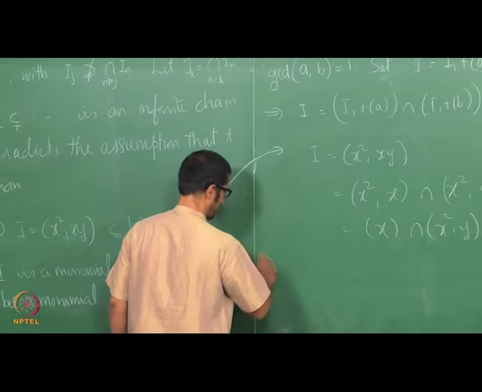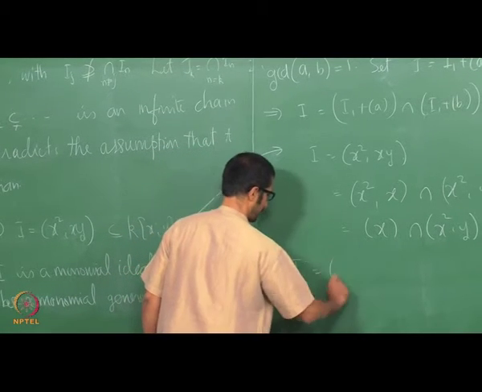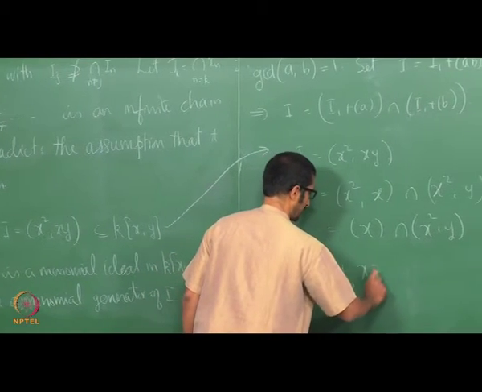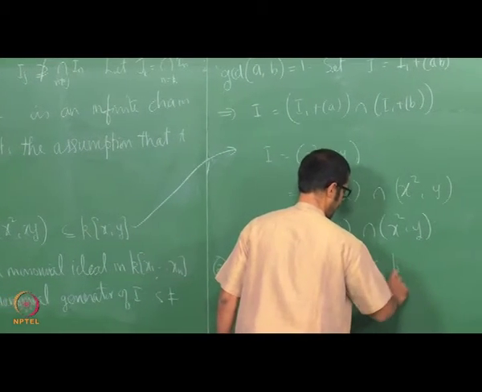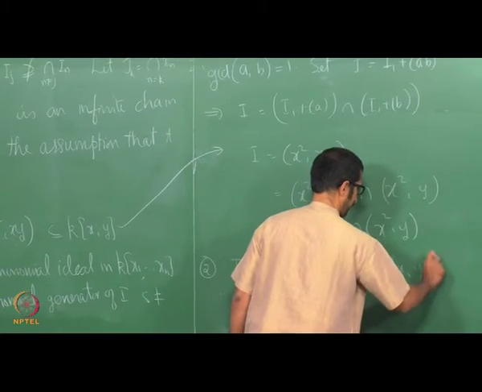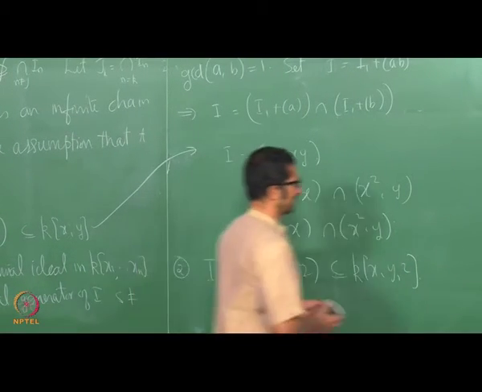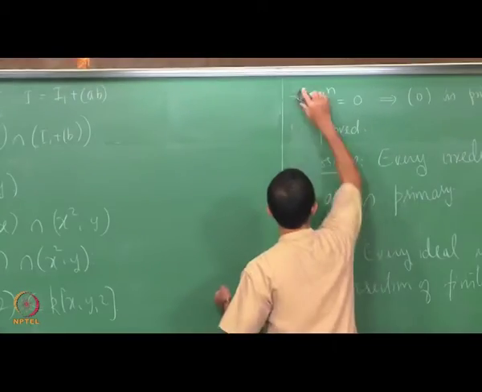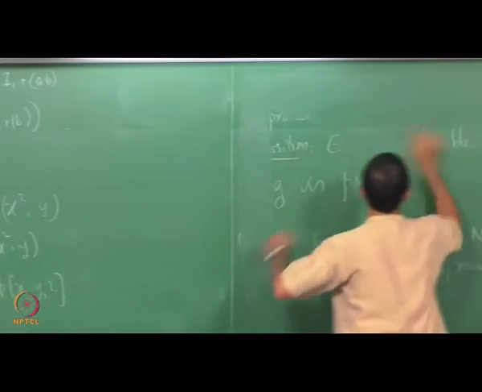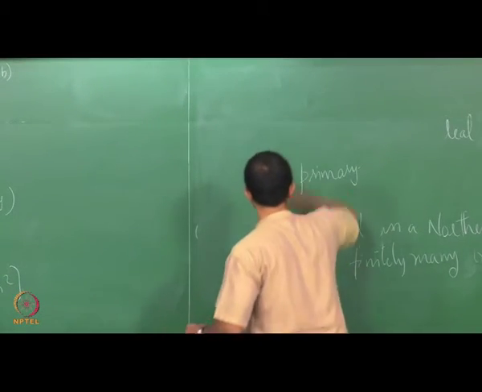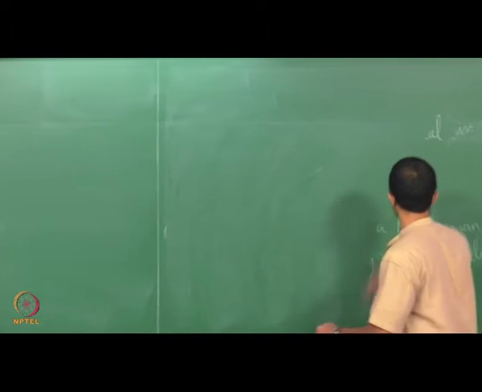Let us look at another example. I equals (xy, xz) in k[x,y,z]. So apply the previous result recursively. What do you get?